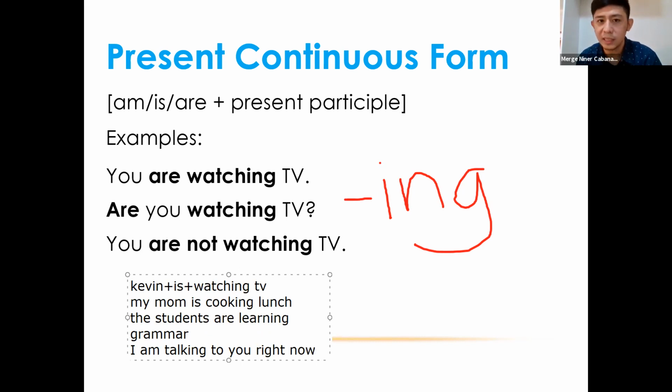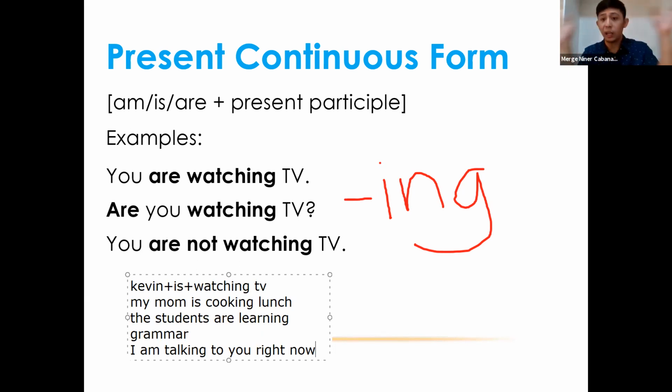So that is how we create the present continuous form of your verb, by picking between the three: am, is, are. Am is so simple. You just have to understand that if your subject is the pronoun I, that is the only time you can use am. And then is for the singular subject, are for the plural subject, plus a verb that ends with ing.